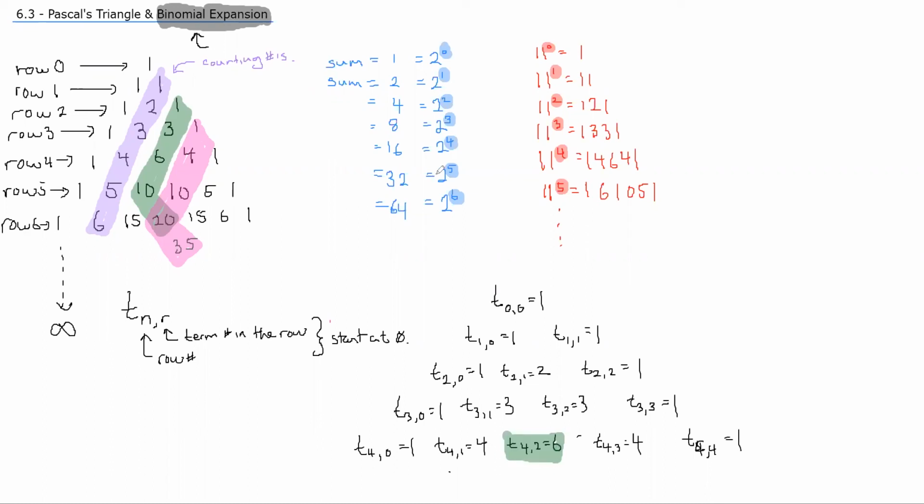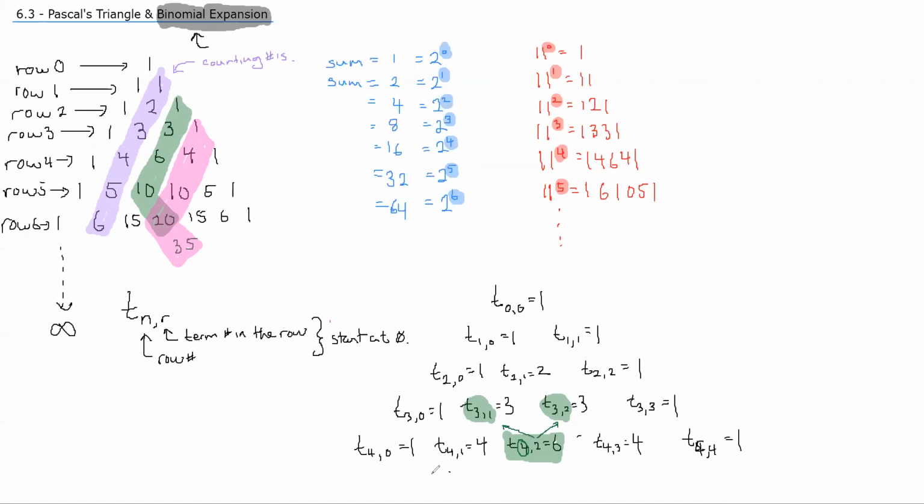To get the value of 6, I need the value from term 3,1 and term 3,2. Another way I could write it is, I need the value from the previous row, row 3, the same term number as the 2, and the one just before it.